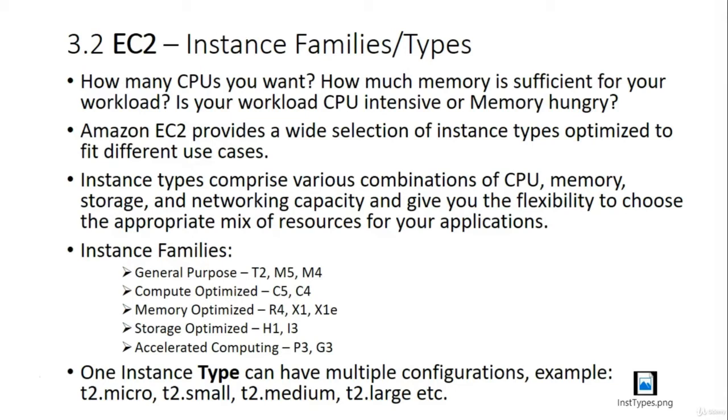Instance families can be divided into general purpose, which comprises T2, M5, and M4; compute optimized, C5, C4, where C stands for compute; memory optimized, R4, X1, X1E, E for extreme; storage optimized, H1, I3, etc.; and accelerated computing, P3, G3, etc. You have to understand that one family can have multiple types and one instance type can have multiple configurations.